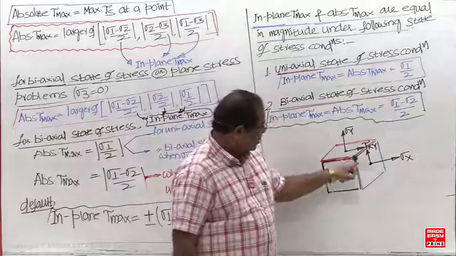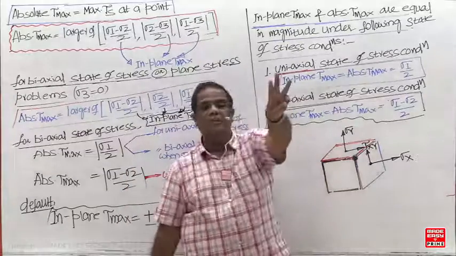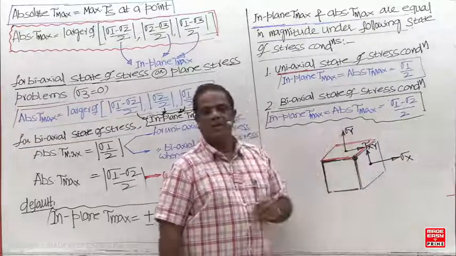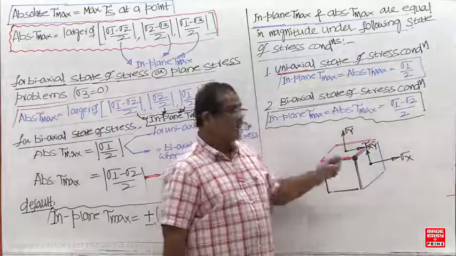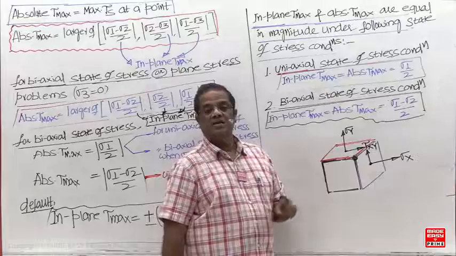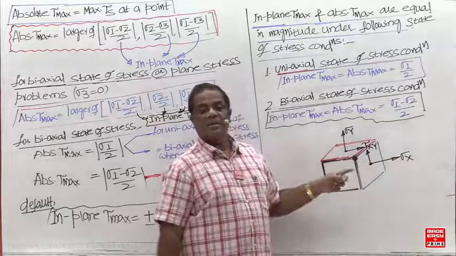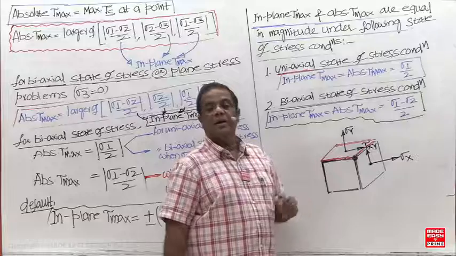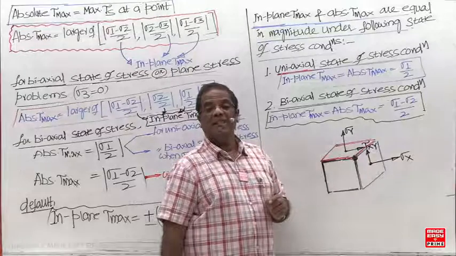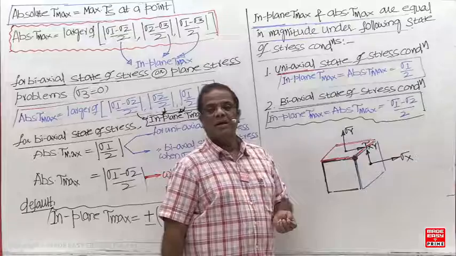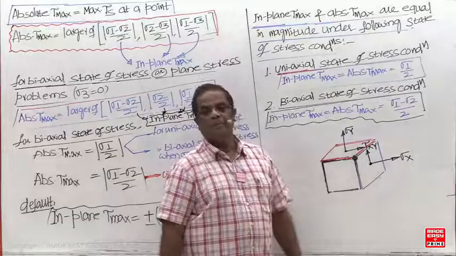So when the point belongs to x and y, what are the independent components? Three. Sigma x, sigma y, tau xy. Then you know the equation now, which I just wrote for x and y. The tau equation is minus 1 by 2 (sigma x minus sigma y) sine 2 theta plus tau xy cos 2 theta.